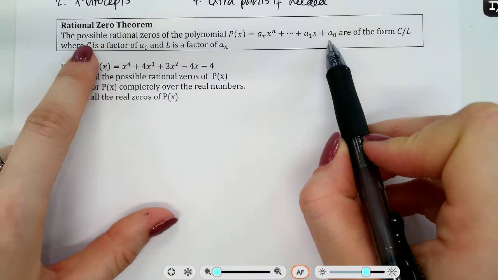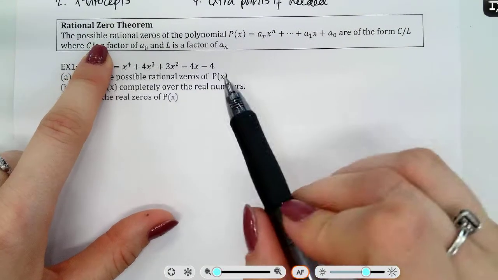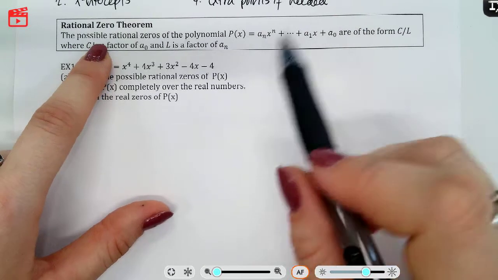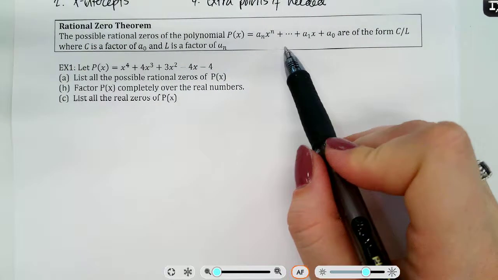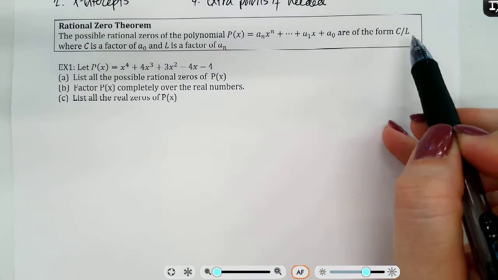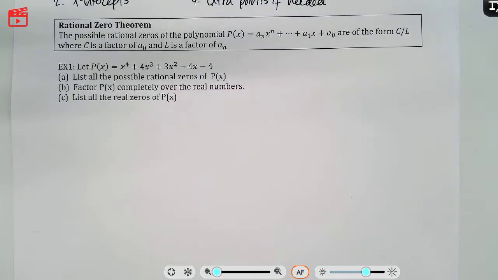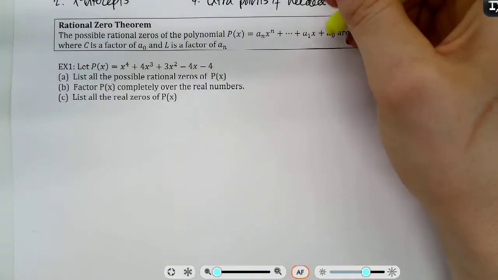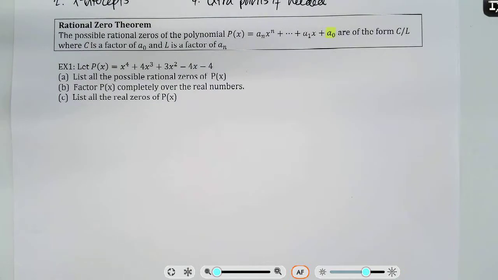Notice it says possible. We're not sure these are the actual zeros. The possible zeros are in the form of c divided by L, where c is a factor of a sub 0, so c comes from the end value, the constant, and L is a factor of a sub n, the leading coefficient.